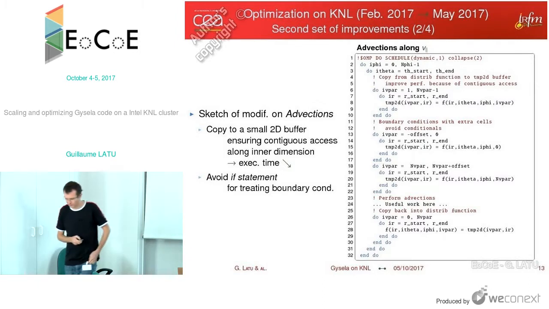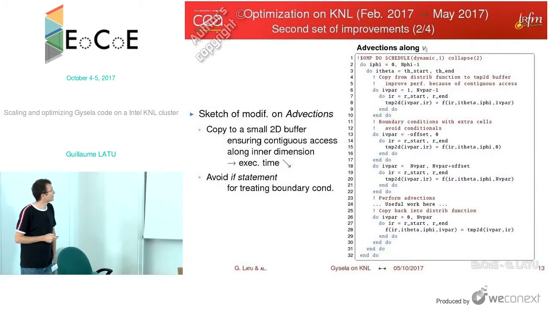Yeah, so the first thing was to copy data. Here, in this advection along V parallel, we copy the distribution function from memory to a small buffer. What is interesting is that we use both the most contiguous variable and the most external, the most long-strided access variable, and we copy it at once.